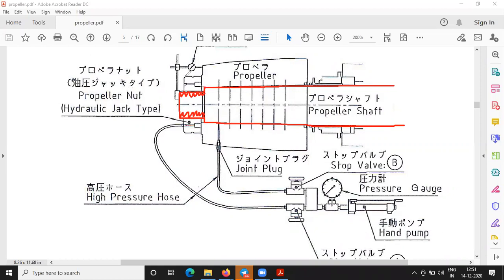Now, this is the nut. And this blue color thing is the propeller, which needs to be mounted over the shaft.